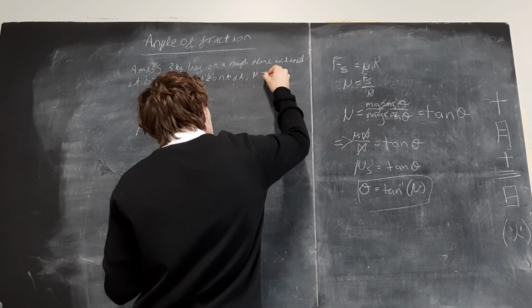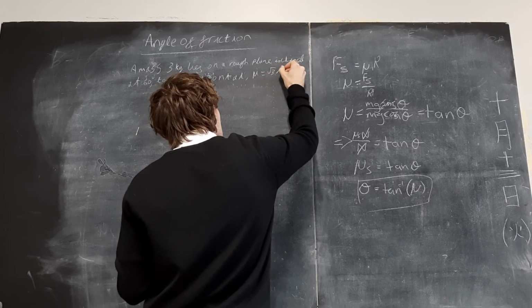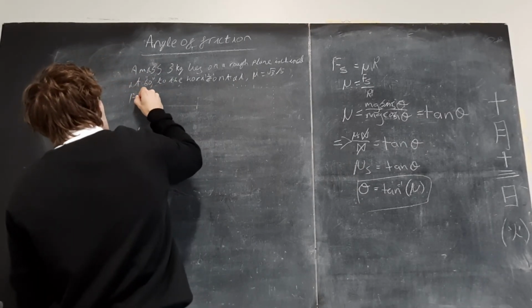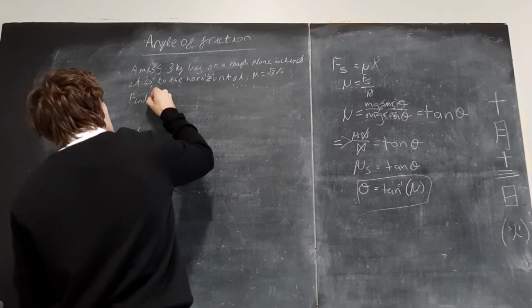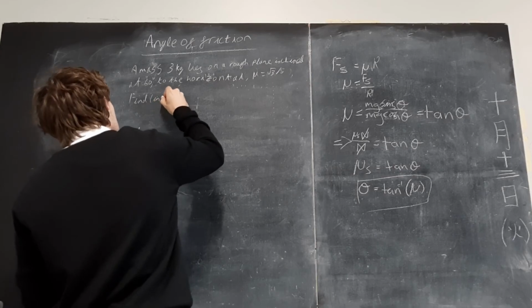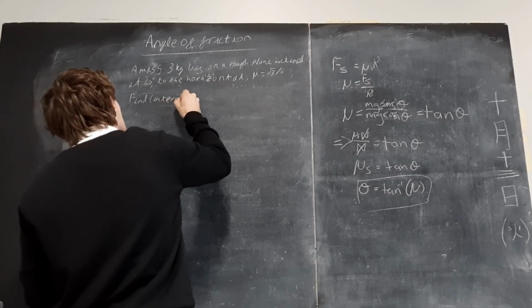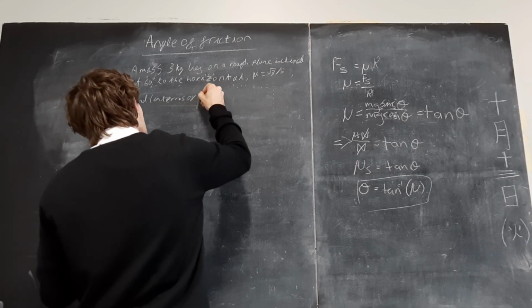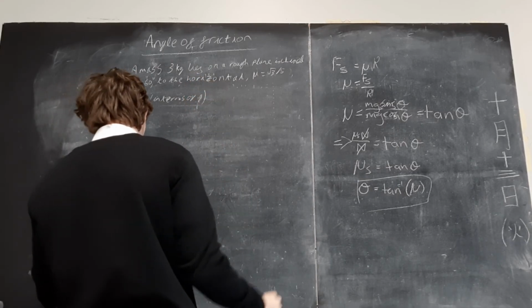Coefficient of friction is equal to root 3 over 5. We are defined in terms of g, so we don't turn g into a number.